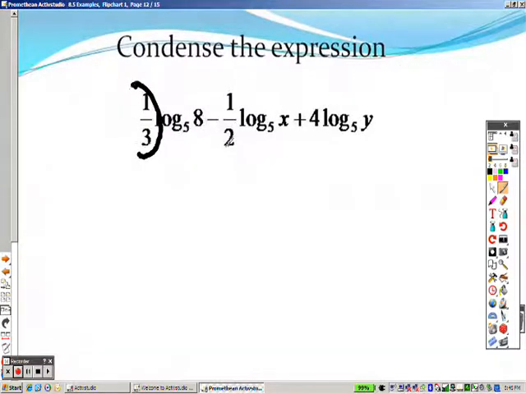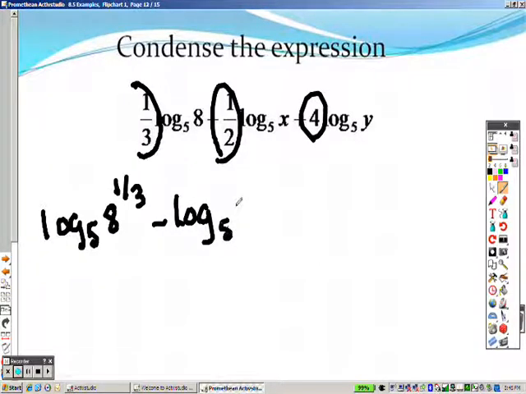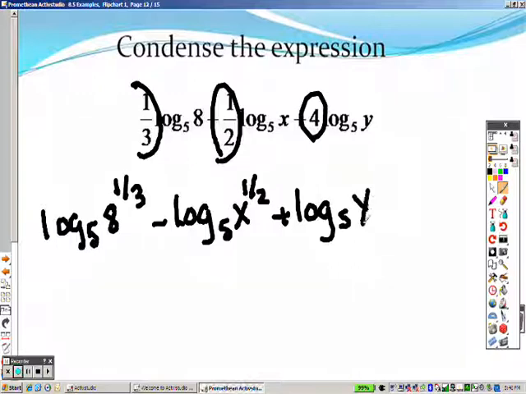Move everything again, all of these, let's take them, move them to the exponent. So it is a log base 5 of 8 to the 1/3 minus log base 5 x to the 1/2 plus log base 5 y to the 4th.